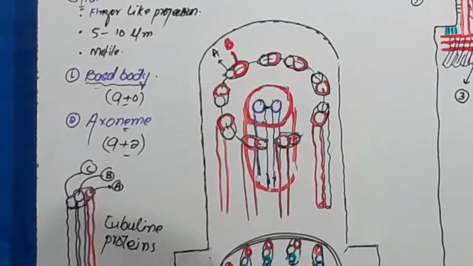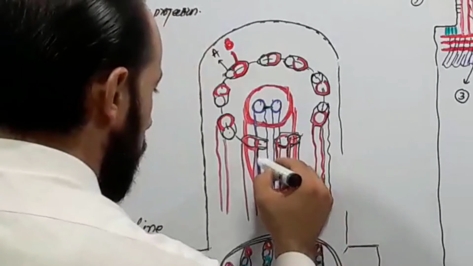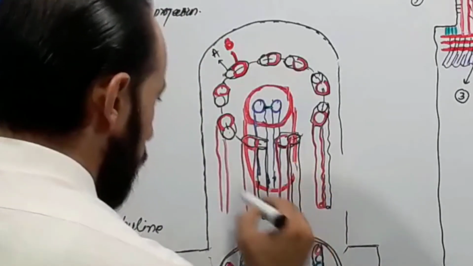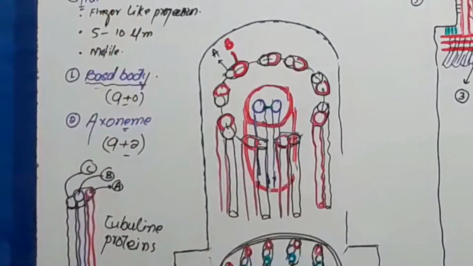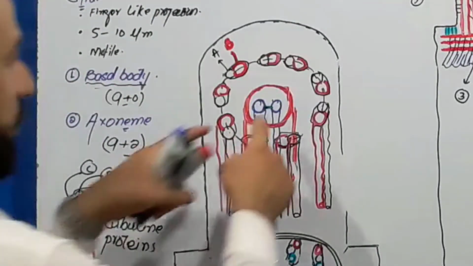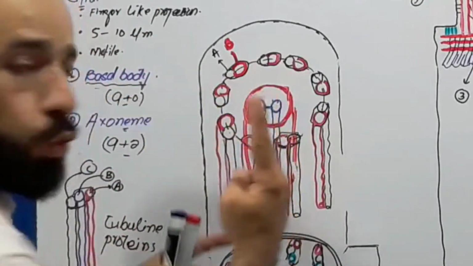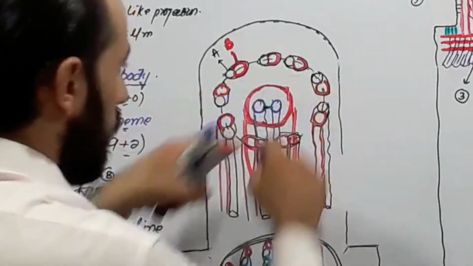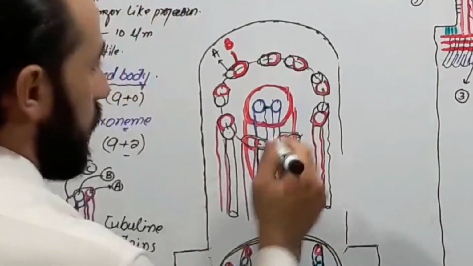So look, they represent a very nice structure like this. This is the A component, the red one is the B component, which is a little bit larger. This is the A component and then the B component, and these doublets are coming up, right? And in the center there are two singlets, and around that there is a central sheet. So let me write it here.